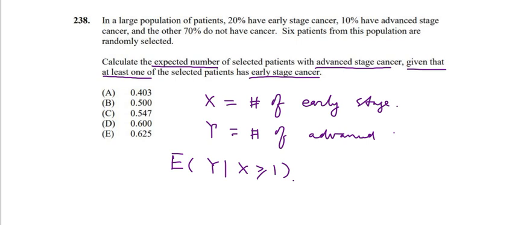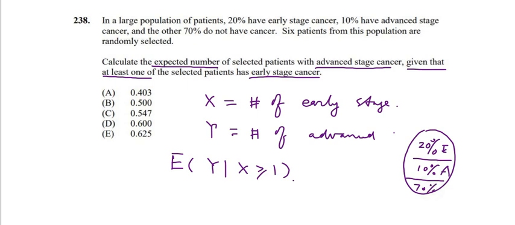The story is just like that: for all people, we split them. 20% is from early stage, 10% from advanced, and the other 70% others.